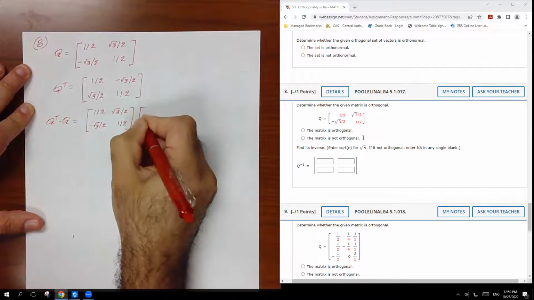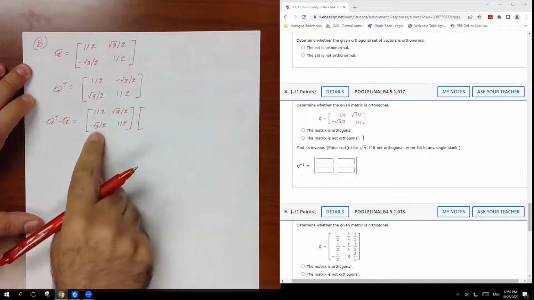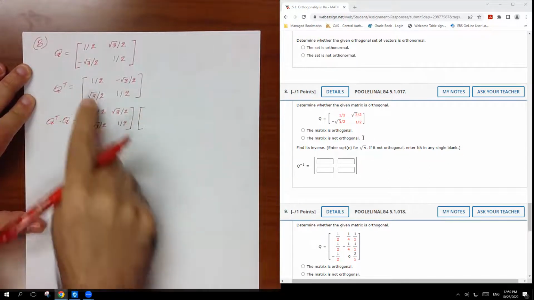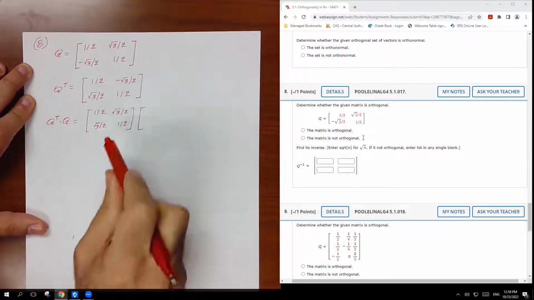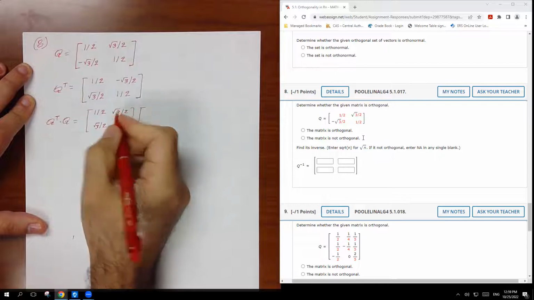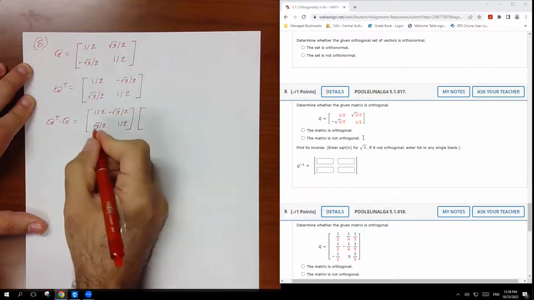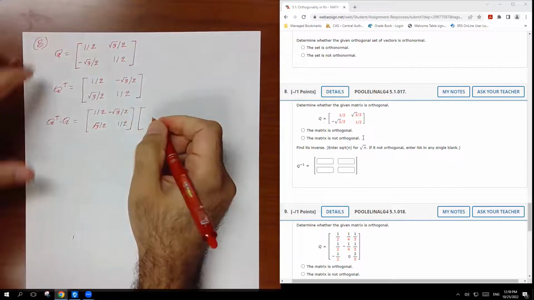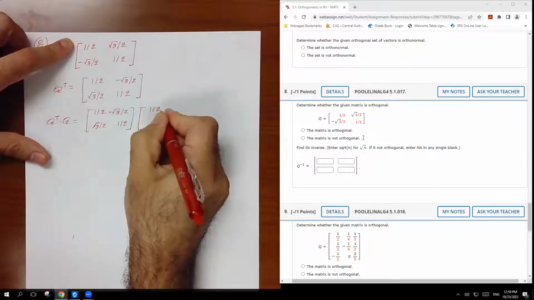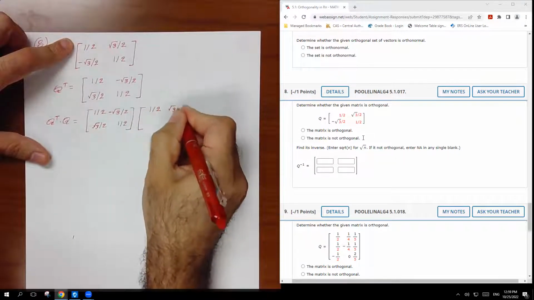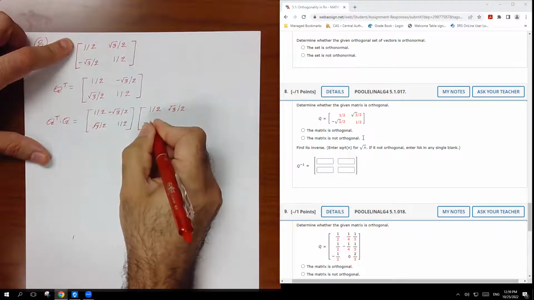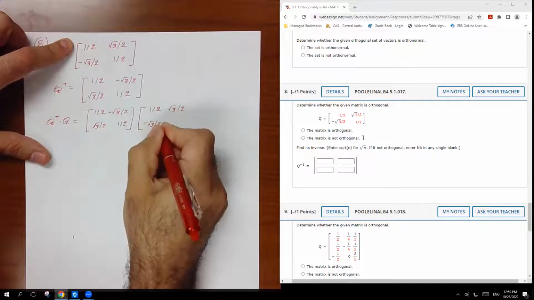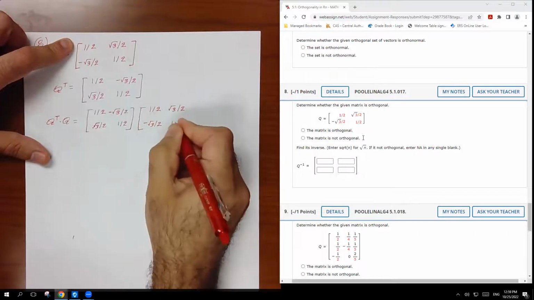This is the transpose, times Q, which is 1/2, square root of 3 divided by 2, and negative square root of 3 divided by 2, and negative 1/2.